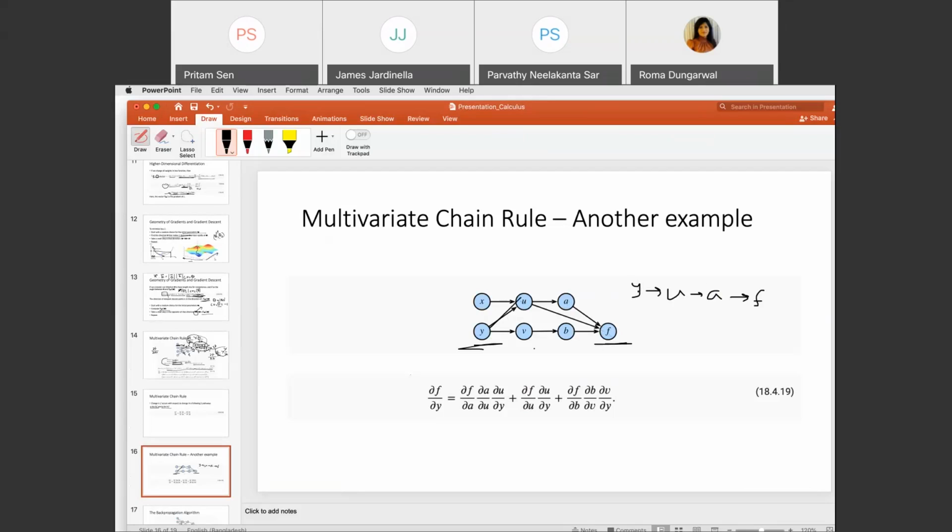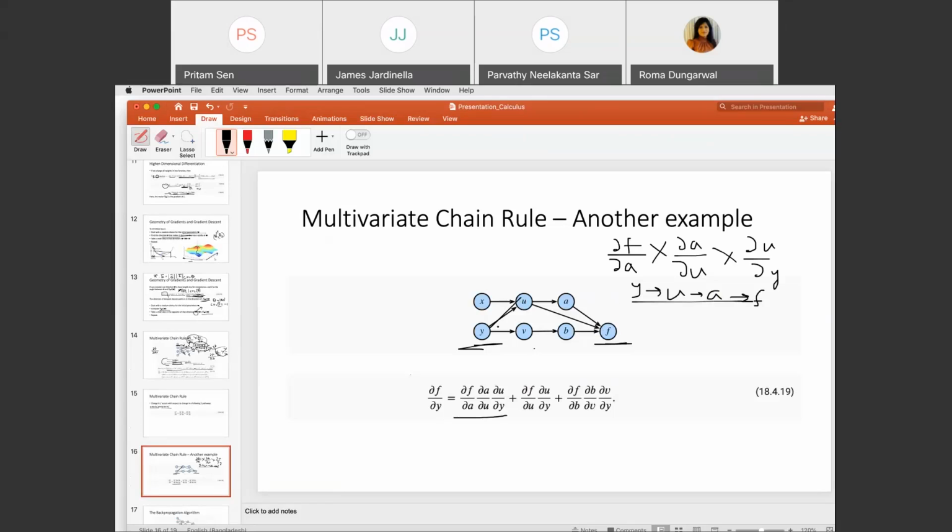So for this one, it will be the change in f for a, change in a for u, change in u for y, following this path.